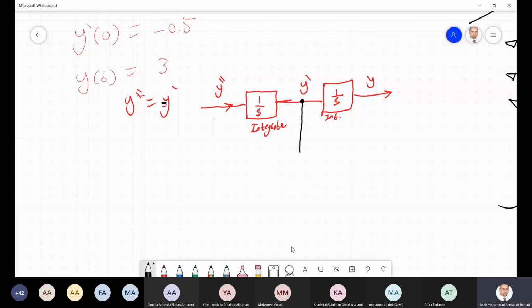So if you multiply y prime by minus 1, it will be equal to y double prime. So you can connect them together here.